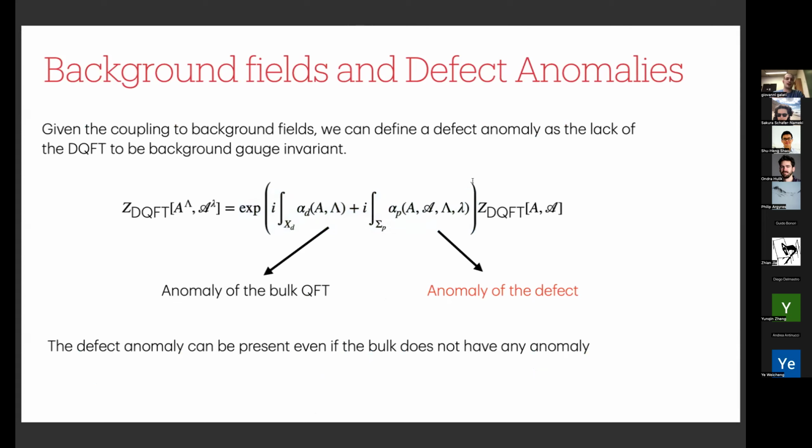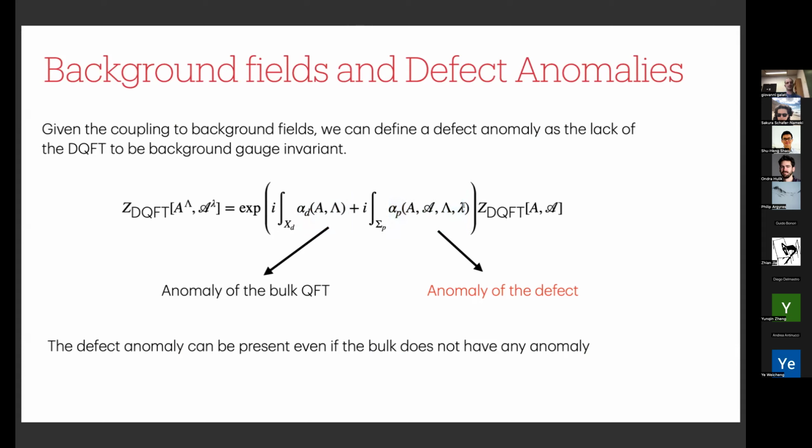And just by the locality of the defect, we will find that this phase gets two contributions. One, which is integrated along the full space-time, and it is the standard anomaly of the bulk theory. But then we will get a new contribution, which is localized on the locus of the defect. And this is what we will call the defect anomaly.